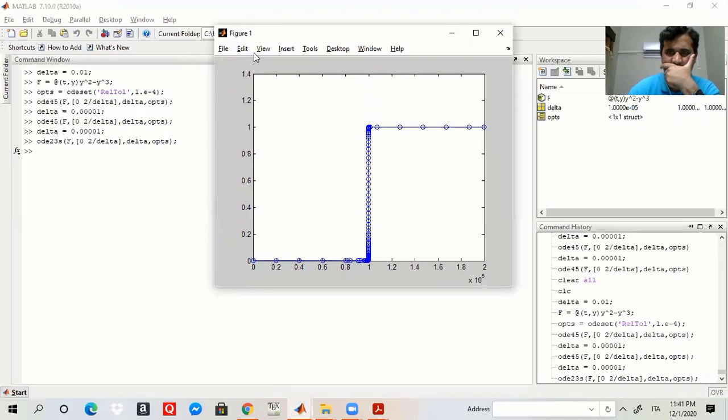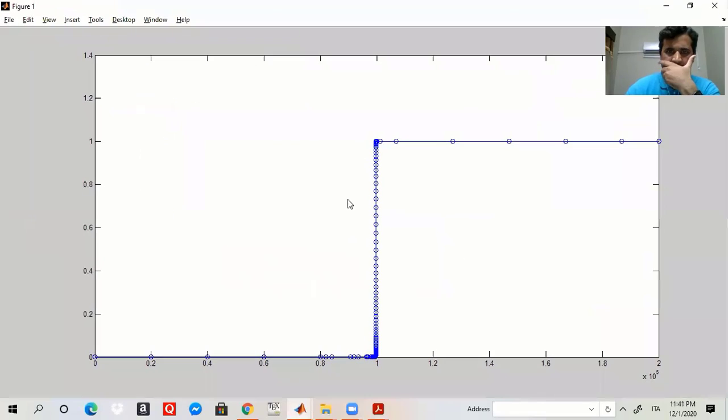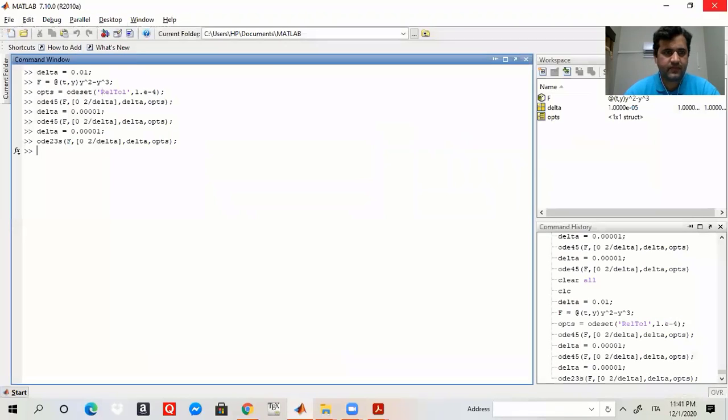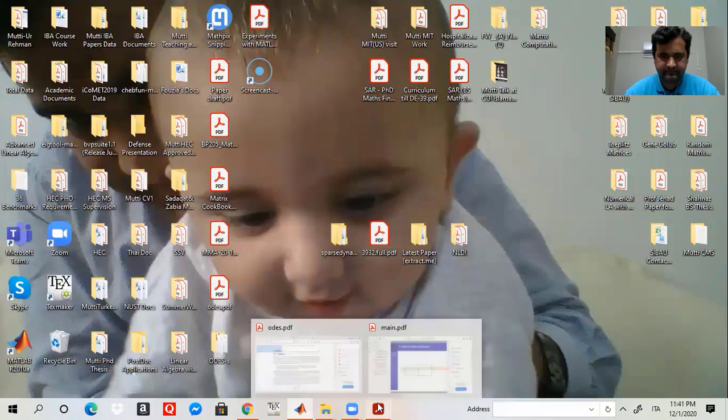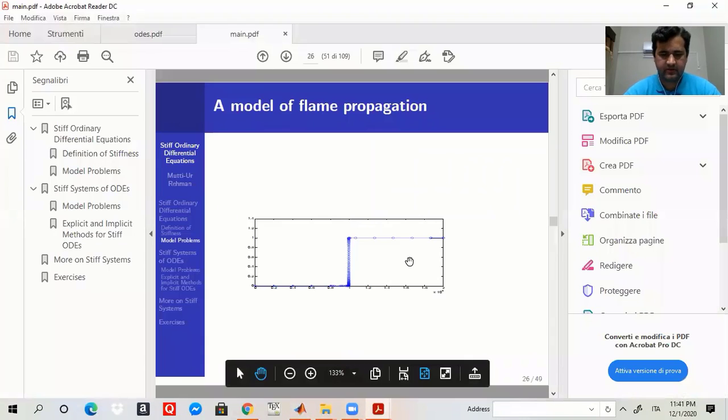So you see that over here, you get rid of stiffness. So of course, the time steps increase, and the solutions are apart. And you feel basically happy. Okay. Great.